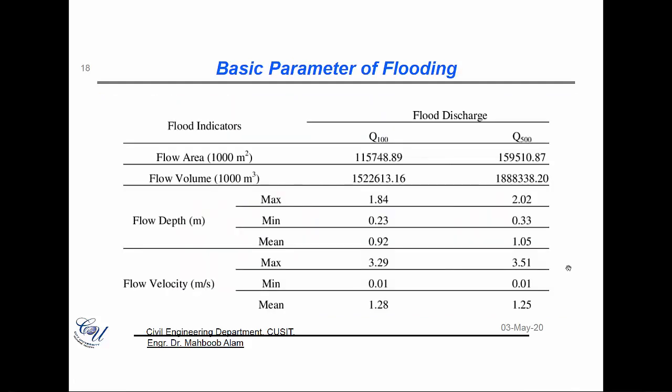What we usually look into, the parameters that are important for flooding, are usually this Q100 and Q500. Q100 would be the 100-year flood, and Q500 would be a 500-year flood. Now, Q100, or let's say 100-year flood, does not mean that this flood is coming just once in 100 years.